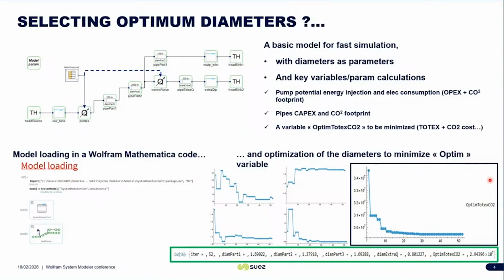The objective function minimizes TOTEX, and this includes CAPEX, construction costs, OPEX, operational costs mostly energy consumption, and CO2 footprint. So this is a multi-objective optimization problem solved through parametric sweeps and search algorithms that converge towards a kind of Pareto optimal solution.